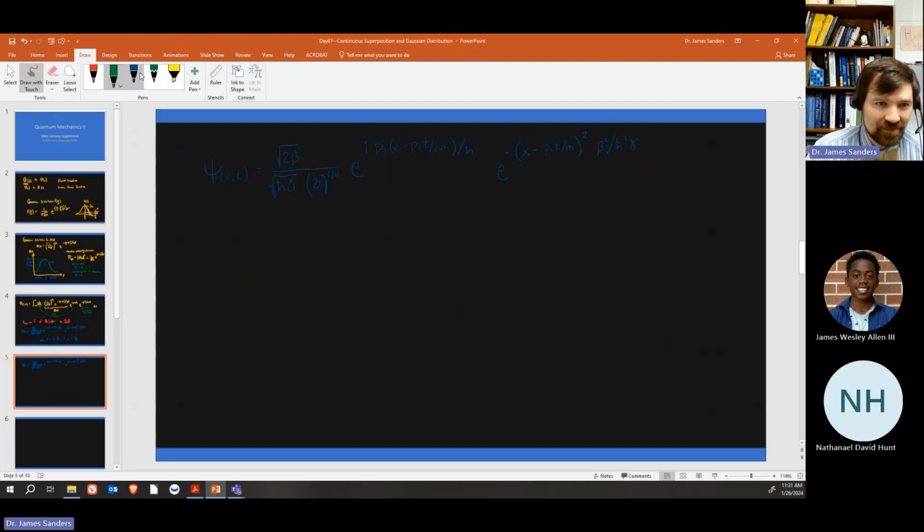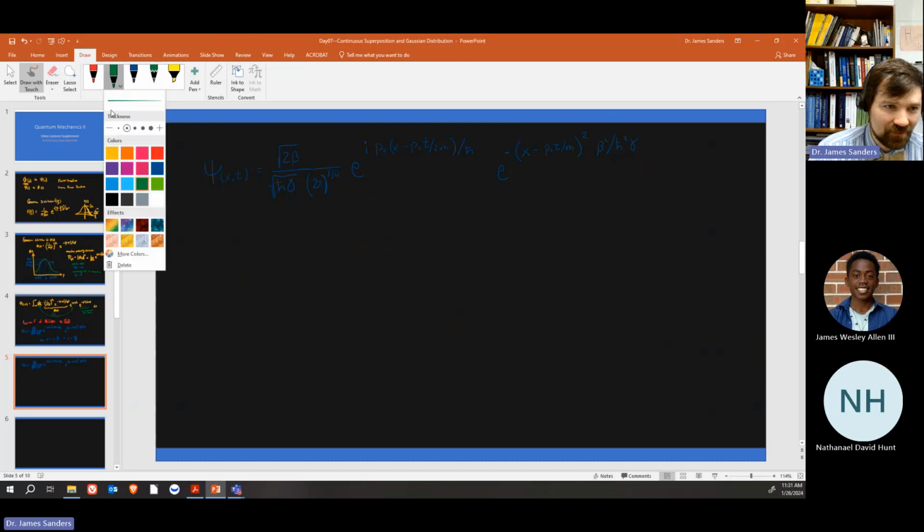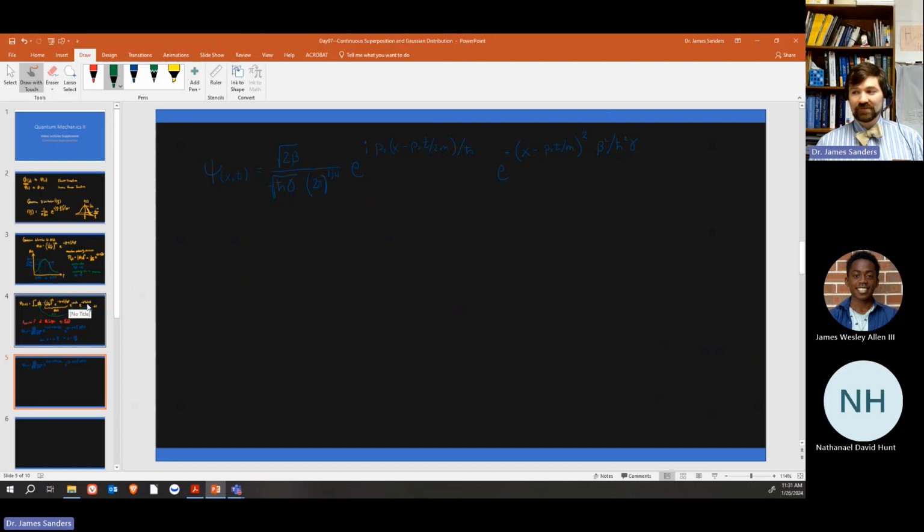So some comments about this thing now that we're here. Well, for starters, this is a Gaussian. So you have a bunch of stuff here. And then this part right here has the correct form for a Gaussian.